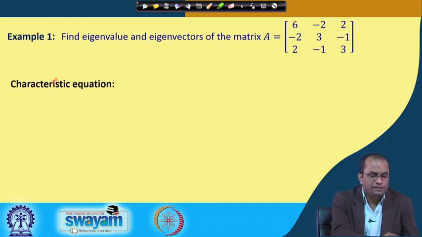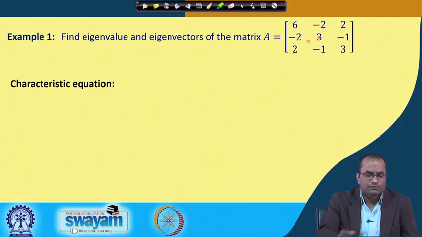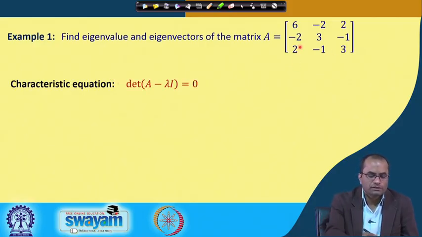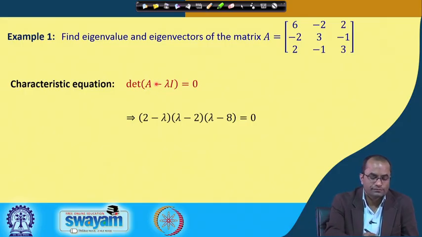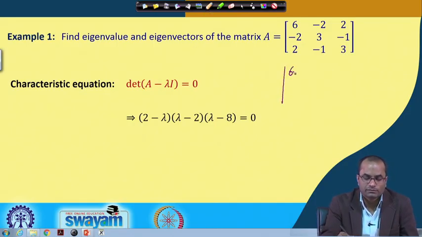Here first we need to write down the characteristic equation for this given matrix, which is the determinant of A minus lambda I equal to 0. The determinant will be: 6 minus lambda, minus 2, 2; minus 2, 3 minus lambda, 1; 2, minus 1, 3 minus lambda.